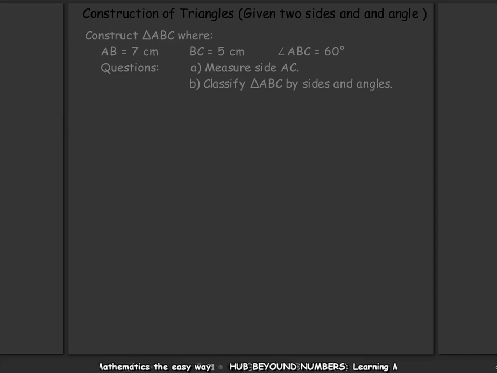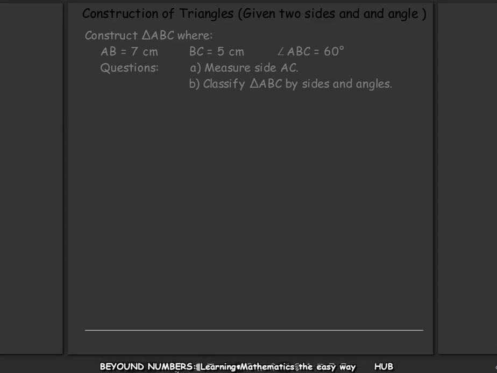So the first thing we need to do is to get our AB. I'll first of all draw a straight line over here. With this as my straight line, I'll take this point here and point out my A. You can use a line, whatever you can use to demarcate that. So A should be here. With A over here, we now look for our B, but it tells us that AB is 7 centimeters.